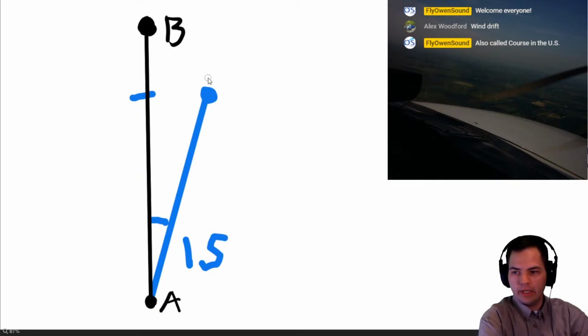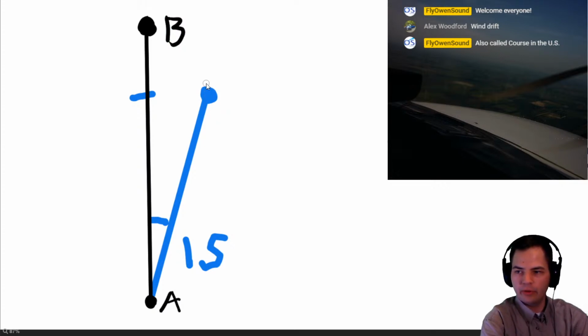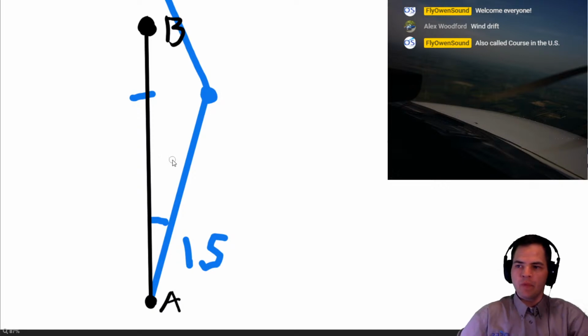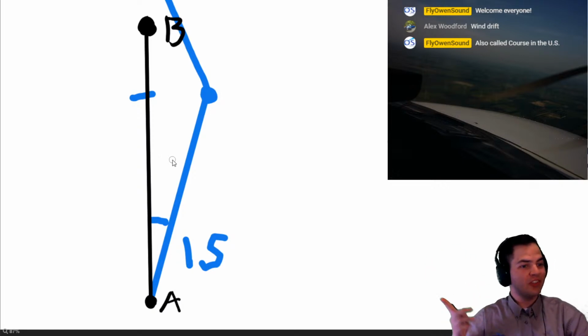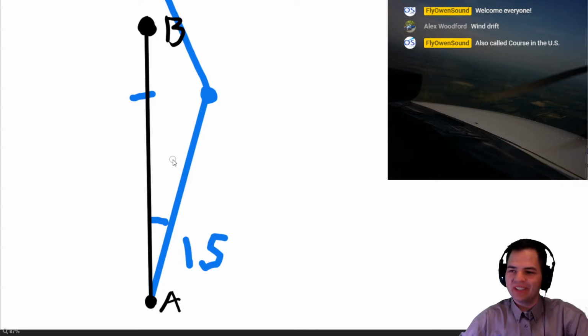So I'm going to end up getting back on track well beyond the actual destination. We'll go past the destination. You might see it go by, but you're not going to get back on track by the time you get to the destination. So that's no good.